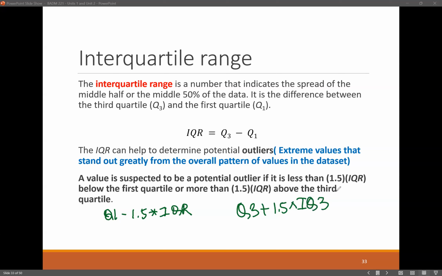Right. So if the value is between these two values, then this is not an outlier. This will give you the lowest value of the range. This will give you the highest value of the range. And if the value is in between these two values, then it is not an outlier. If it is outside, then it is an outlier.